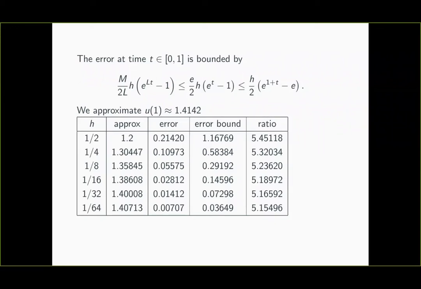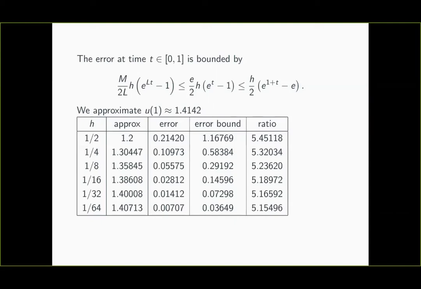So for example, for h equal 1/2, I have that the error bound is 1.67 roughly, and the true error is 0.21. So this error bound overestimates the actual error by a factor of roughly 5.45. That's a bit of an overestimation, but as the step sizes decrease, we see that this overestimation does not get much worse.